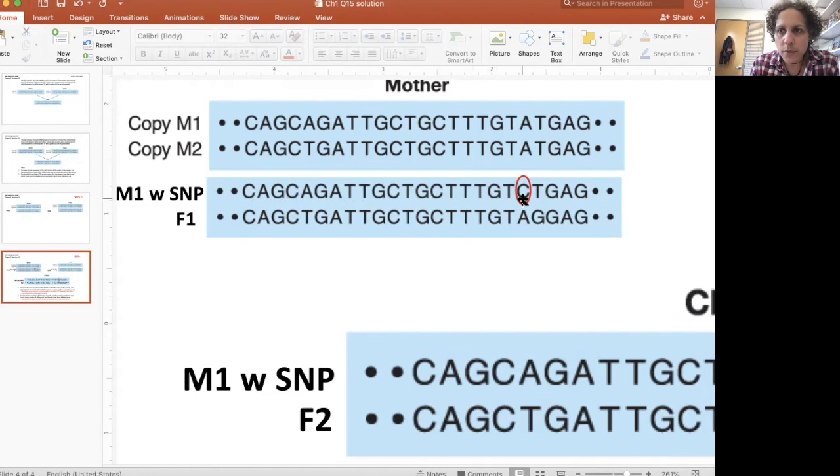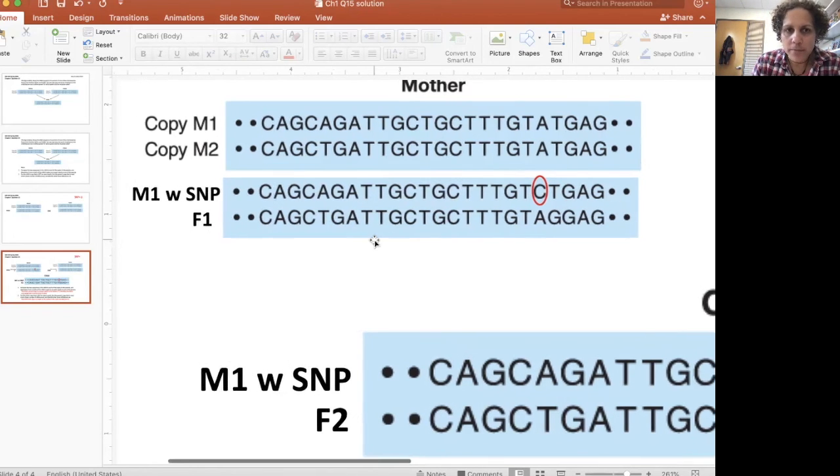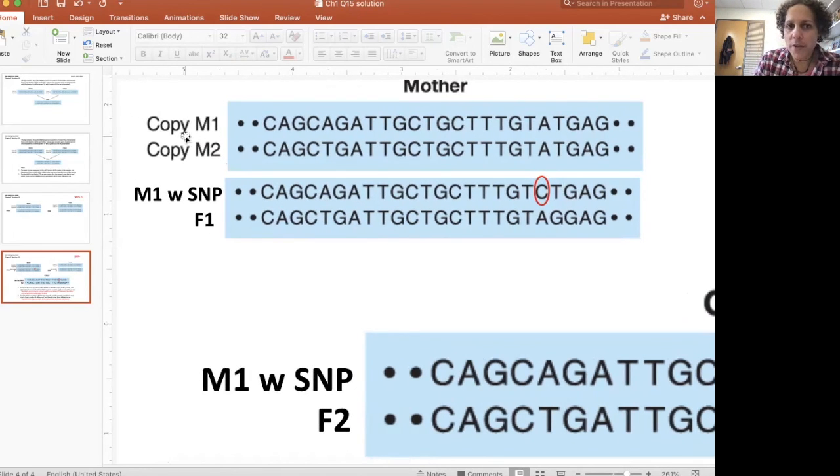So by applying the principle of parsimony, we can infer that this first strand came from the mother's M1 with one new point mutation here at this position, a change of an A to a C. Okay, so I labeled this M1 with a SNP, and this is F1, a perfect match to F1.